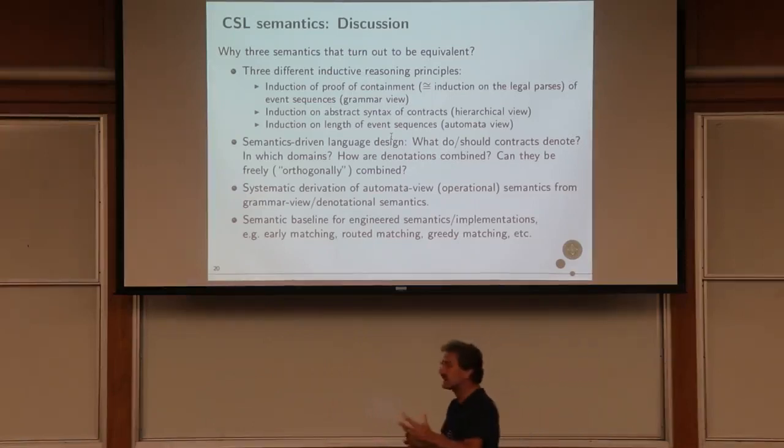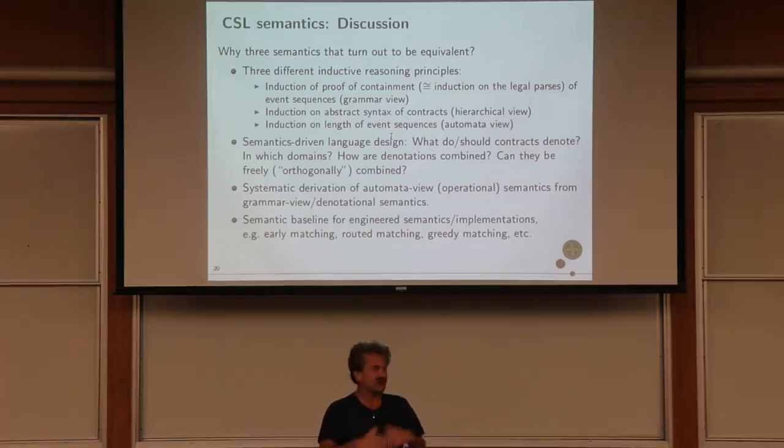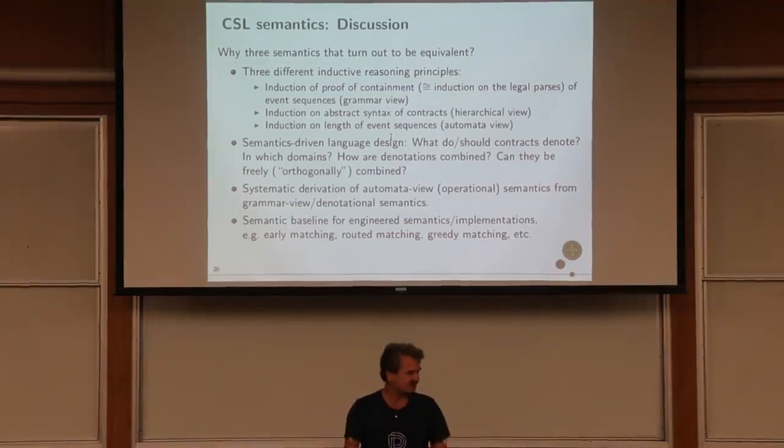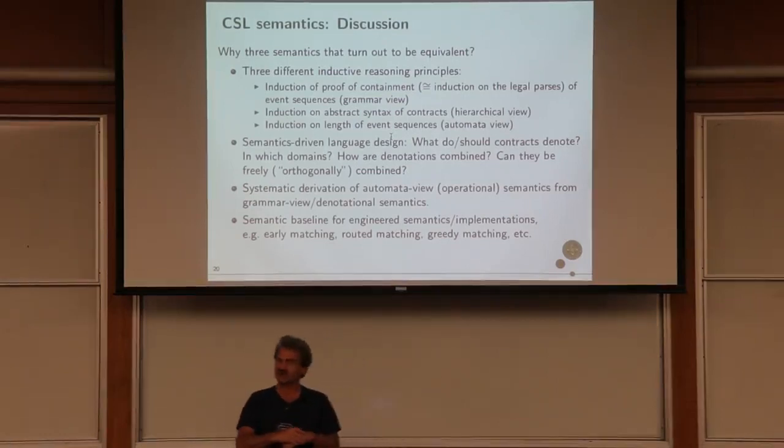Then we ended up with the domain of the set of sequences. We basically ended up with a language model. But that also gave us a systematic way of deriving containment and denotational semantics, and from that, a correct operational semantics. And then the correct operational semantics is a benchmark for engineering it.